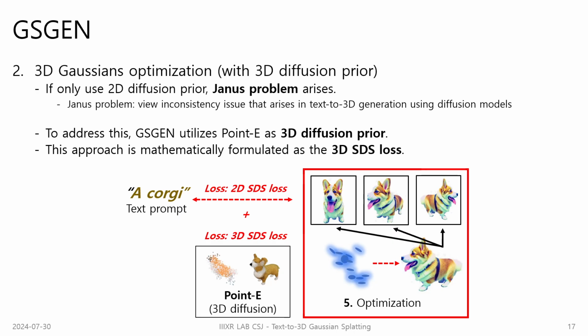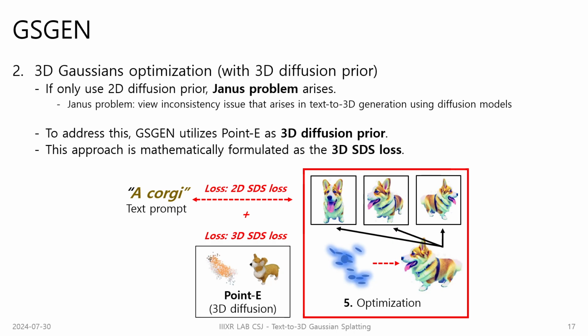As a result, when reconstructed in 3D, the scene appears with multiple faces. In other words, using a multi-view 2D prior leads to inconsistencies between views, resulting in a 3D geometry that has a similar appearance across different views.